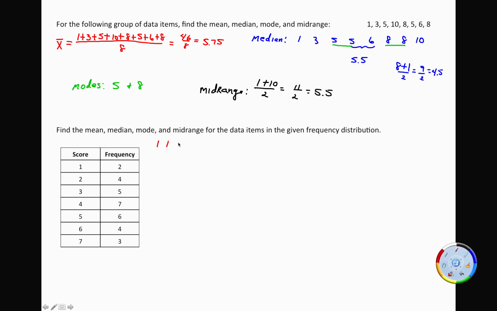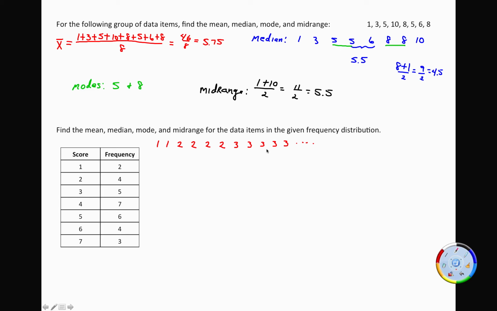And then I have 4 2s and 5 3s, etc. Right? So that's what my data looks like.